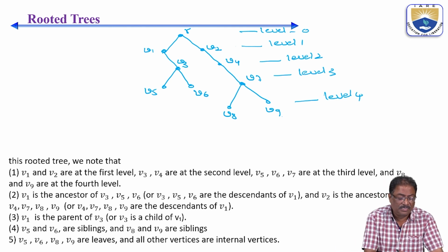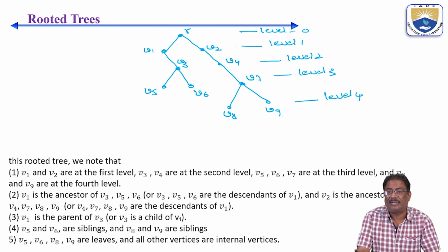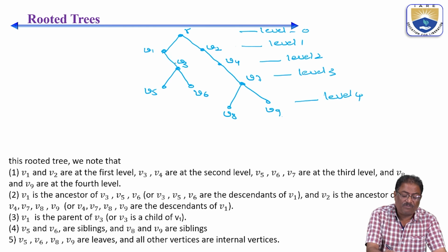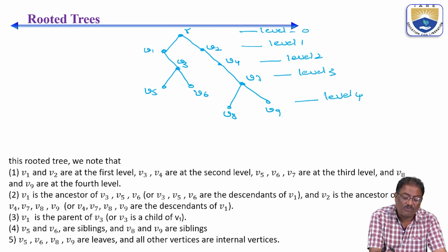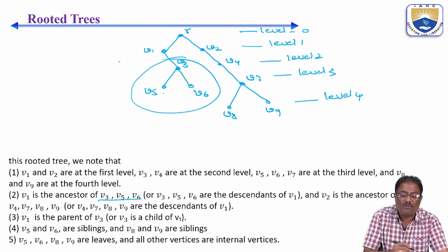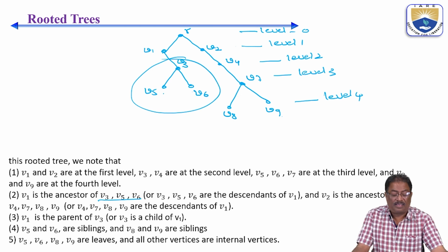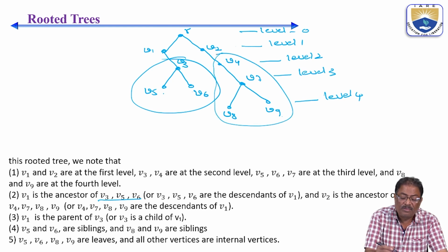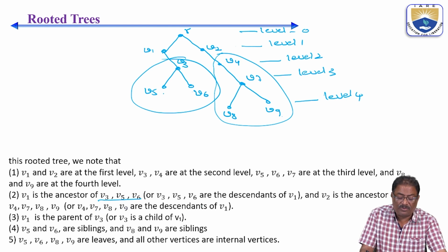Or we can say that the depth of the tree is also 4. So here V1 is the ancestor of V3, V5, V6. And moreover, V2 is the ancestor of V4, V7, V8, V9.